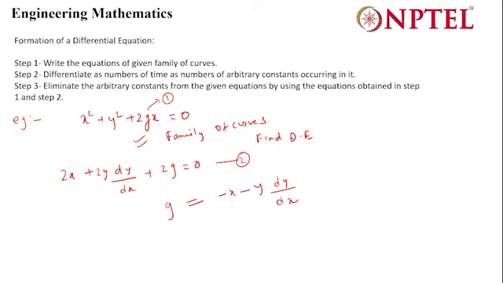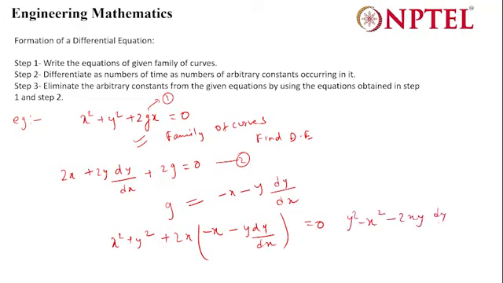So from these two equations, you can write this equation as x square plus y square plus 2x times (minus x minus y dy by dx) is equal to 0. If you simplify this equation, you'll get 2xy dy by dx. So this is your differential equation.